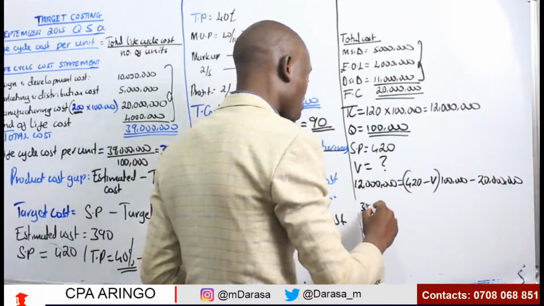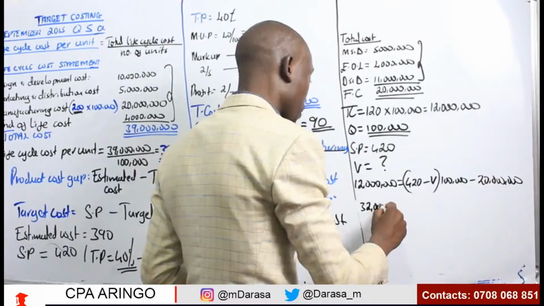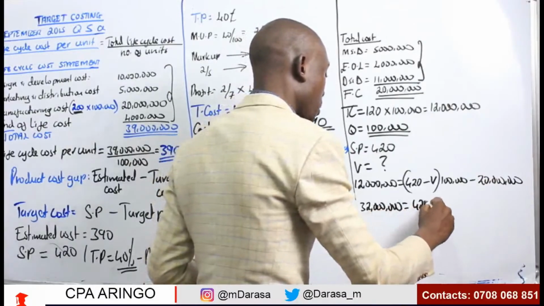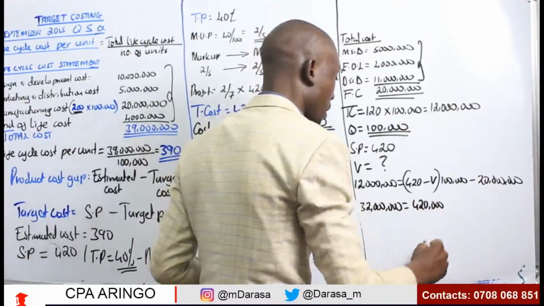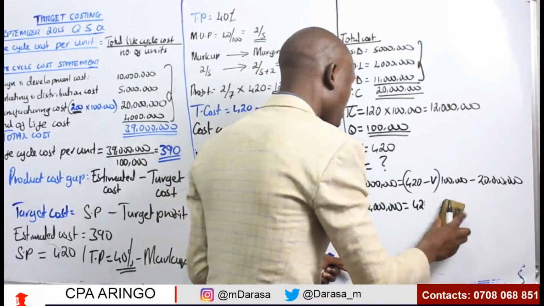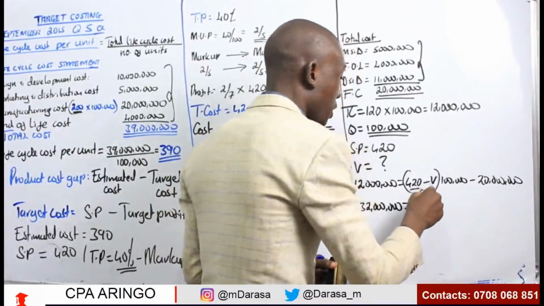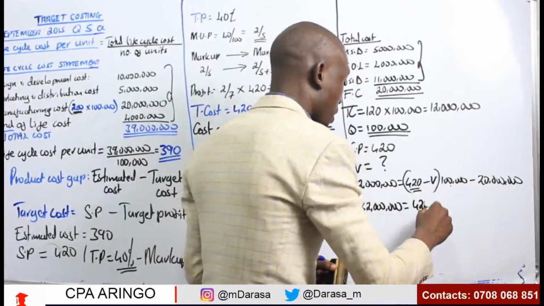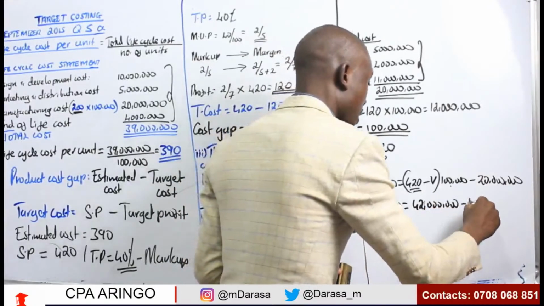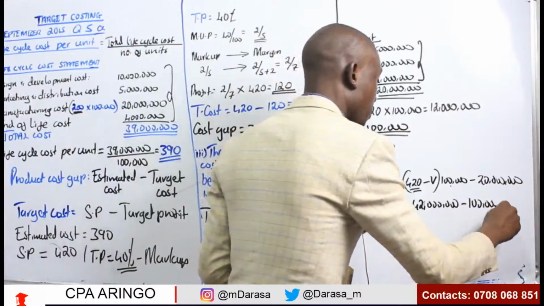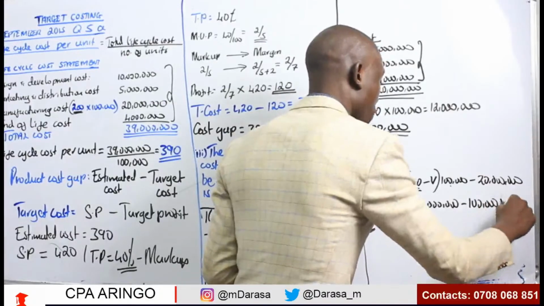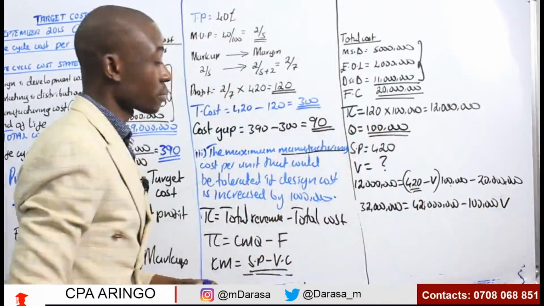So you're talking of 32 million, which is equal to 420 by 100,000, that is 42 million, to give us 42 million minus 100,000 V. In this case, we've taken it to be V, right?